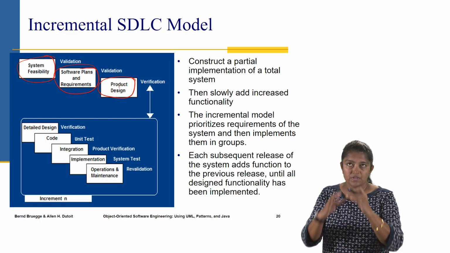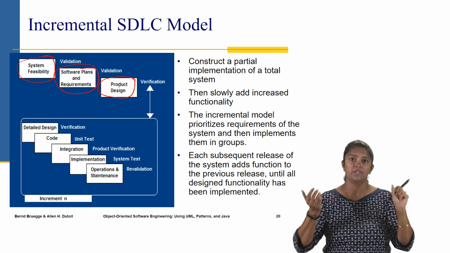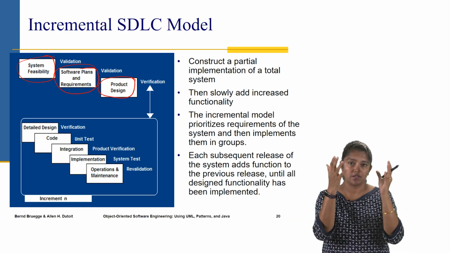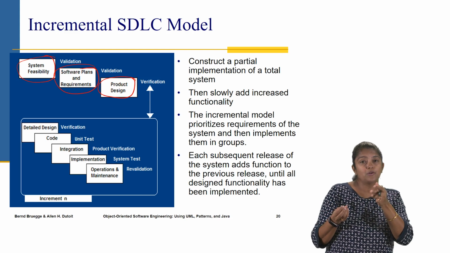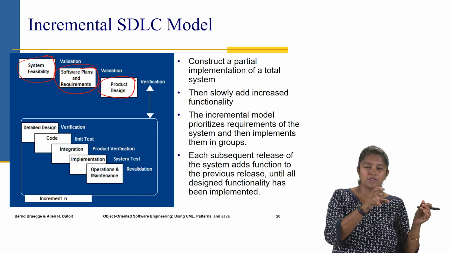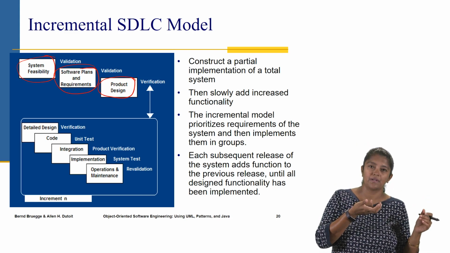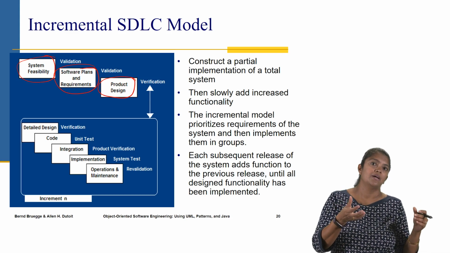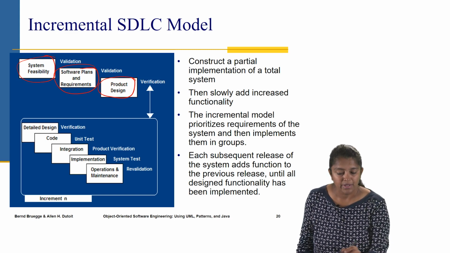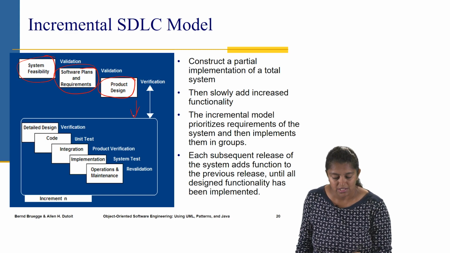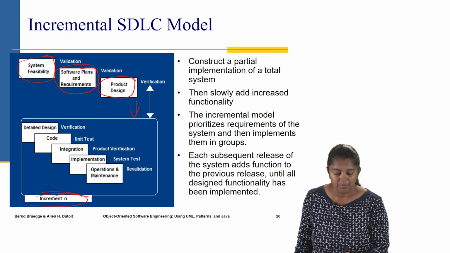So once we have the high level design with the different subsystems and their interaction, we have the ability to break down the system into smaller parts, and then choose a part that's a priority and develop that one first. So after this point, we're basically working in increments of n.